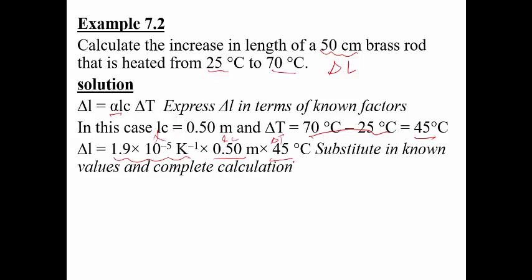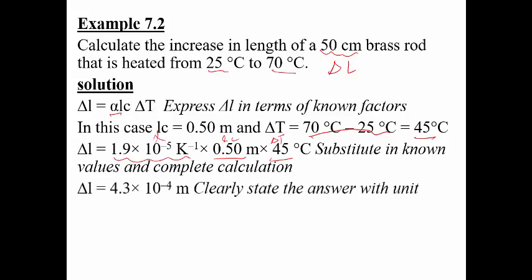Multiplying all this, we cancel out Kelvin by degree Celsius, because degree Celsius is a change, and Celsius and Kelvin are equivalent for changes, as we said before in lesson 3. Since they are equivalent, we can cancel them out.